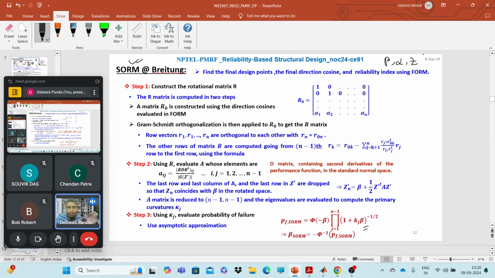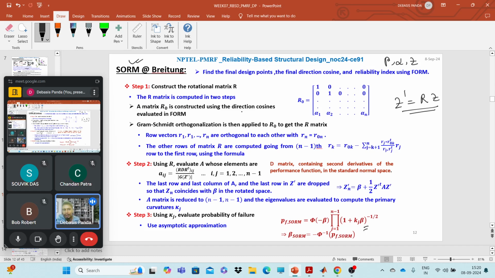Now once we have these three values, we need to construct the R matrix, because recall that we transferred z space into some z prime space where the last variable should coincide with the beta vector or the final direction cosines. So this is more important, how we can get the R matrix, the rotational matrix, or the transformation matrix.